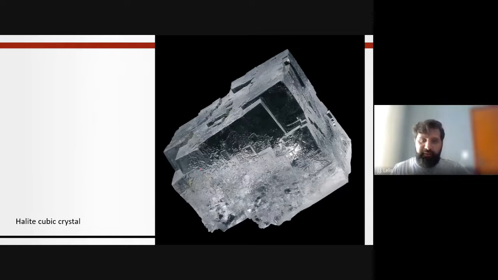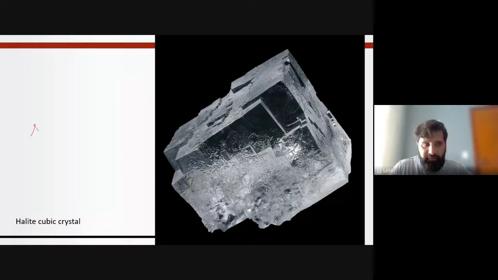Here we can see a cubic material. It's not a cubic iron or manganese nodule. It's a cubic crystal of halite, okay? Just to note that we have the same dimensions in the vertical and horizontal dimensions.